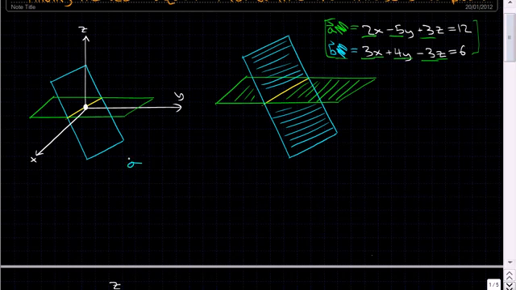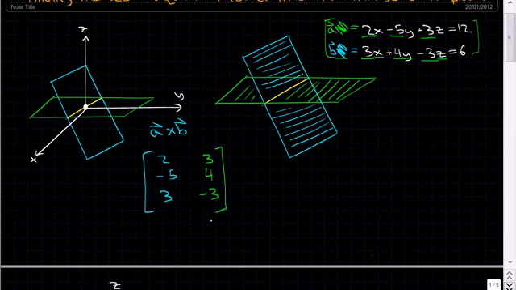We have vector A, and we're going to take the cross product of A cross B. This gives us (2, -5, 3), and then we're going to take the cross product of that with (3, 4, -3). I think I've inverted the colors here, because this green one is actually the blue numbers here.